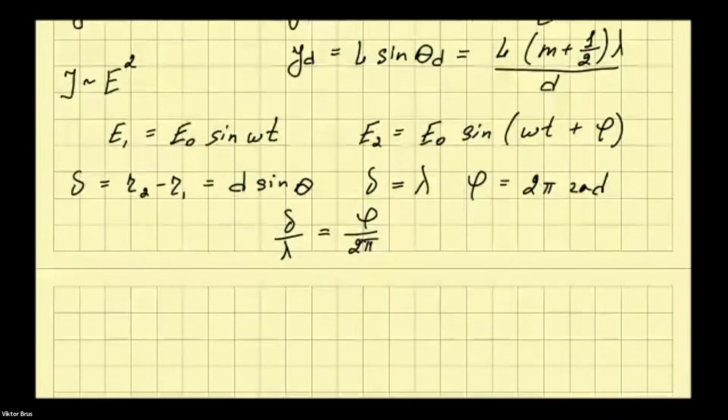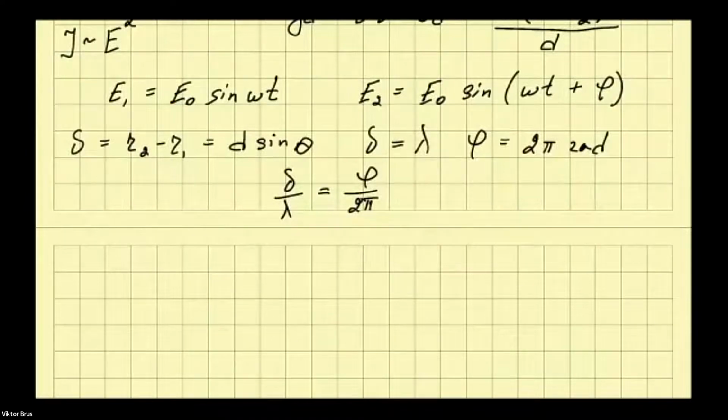From here, phi is equal to 2 pi divided by lambda times delta. So we know that delta is d times sinus theta.